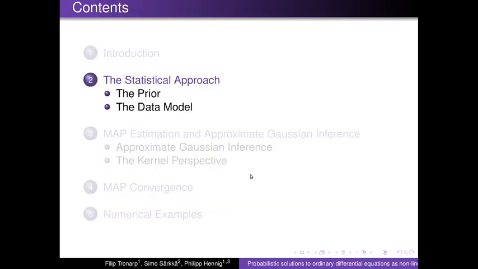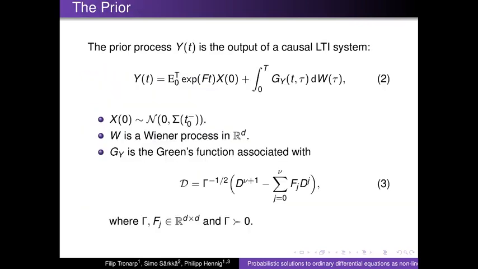The way to statistically formulate this problem, more specifically in the Bayesian framework, is to first define a prior process and then some data. Our prior is going to be this big Y(t) here, and it's generated by this right hand side. This first bit corresponds to the initial condition of y and some of its derivatives, and this integral is just a Green's function acting on a Wiener process.